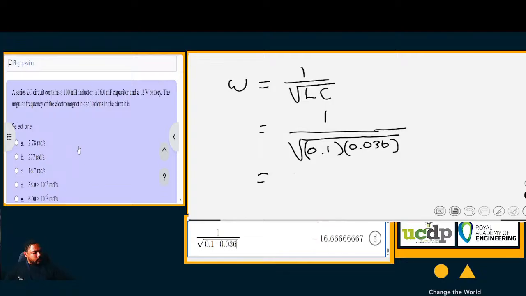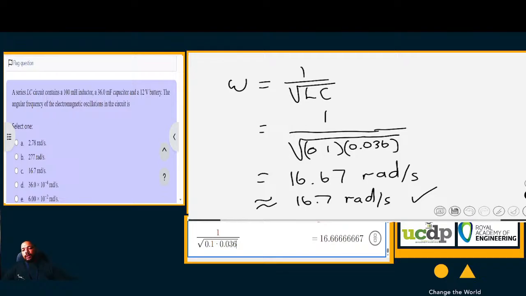And that gives us an angular frequency of 16.67 radians per second. Remember, we're calculating angular frequency in radians per second. Or we can just write this as approximately 16.7 radians per second.